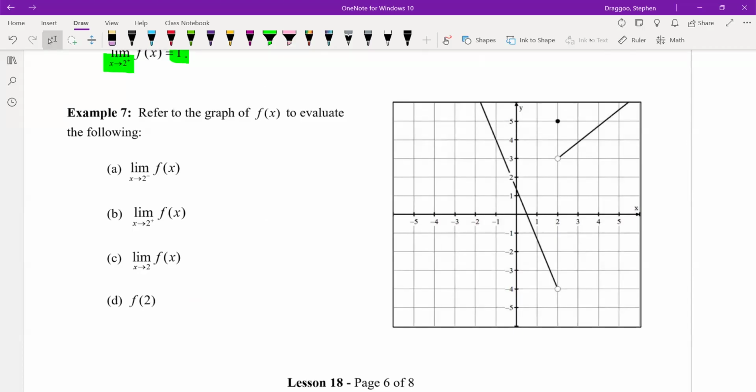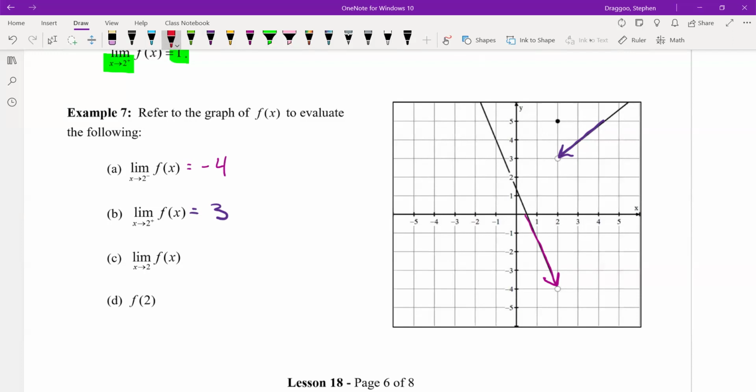Well, if we approach from the left side, I would start somewhere to the left of my point and come into it, and I get -4 as my limit, because that's where the graph is headed if I start on the left side. If I start on the right side instead, pick some point over to the right of my point in question and come into 2, I can see on that side, my graph is headed to 3.